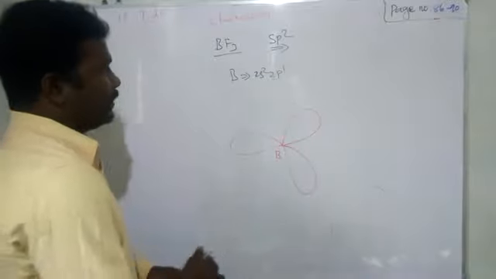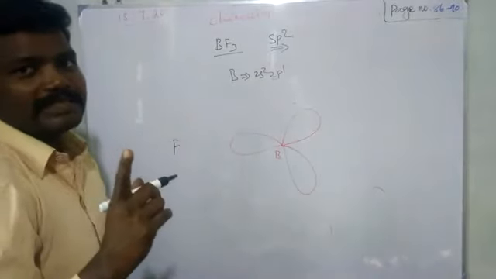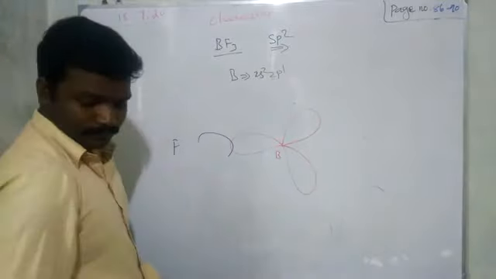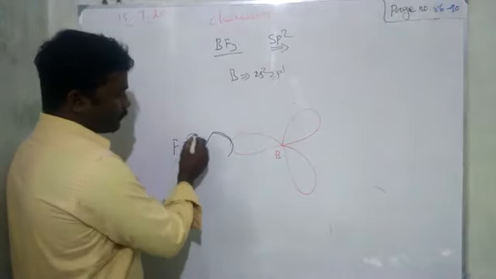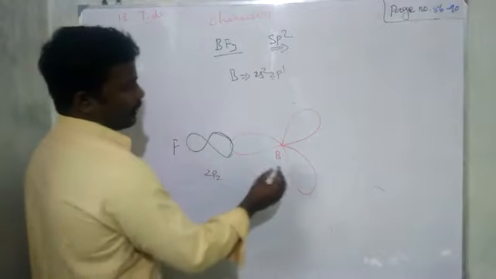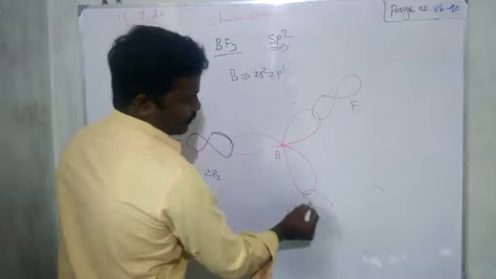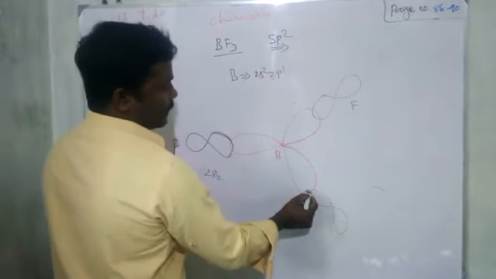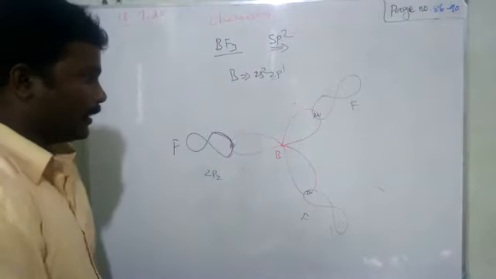Then for the first fluorine, fluorine has only 1 2pz orbital for overlapping. For the fluorine 2pz orbital, here also another fluorine, here also another fluorine. Now the electrons will occupy this hybridized area.